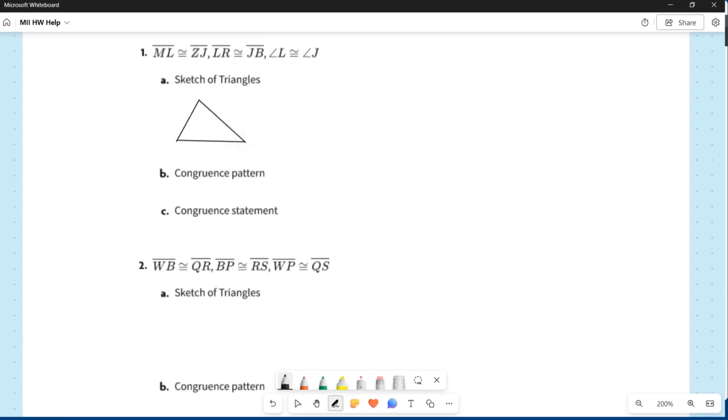And then I'm going to draw the same triangle, roughly. All right. And these are my two congruent triangles.